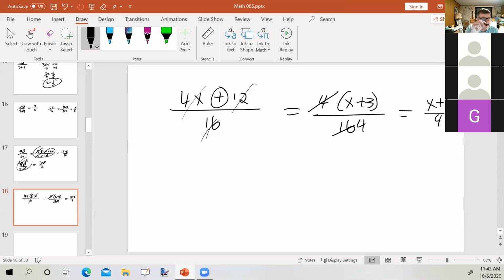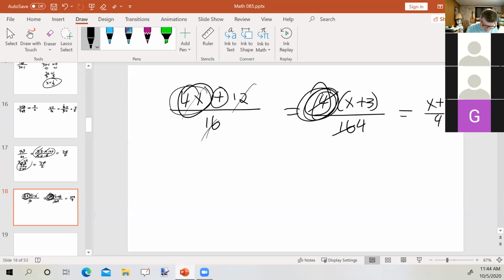You can reduce factors, one from the numerator and one from the denominator, but you can't reduce terms. 4x is a term of the entire numerator, but here 4 is a factor of the entire numerator. That's the biggie in this chapter, is recognizing the difference between factors and terms.